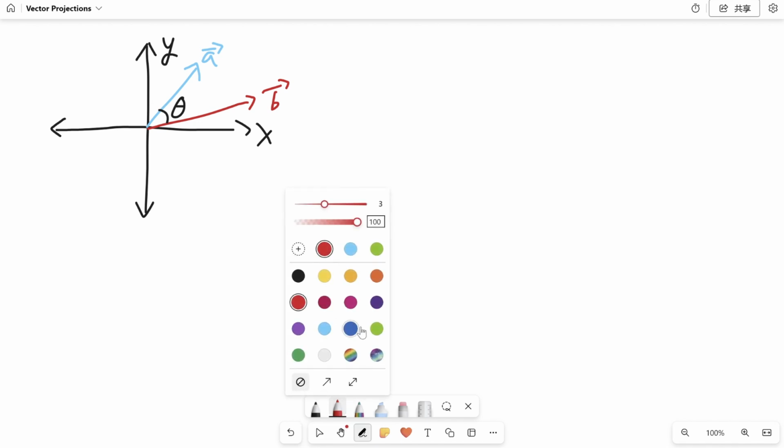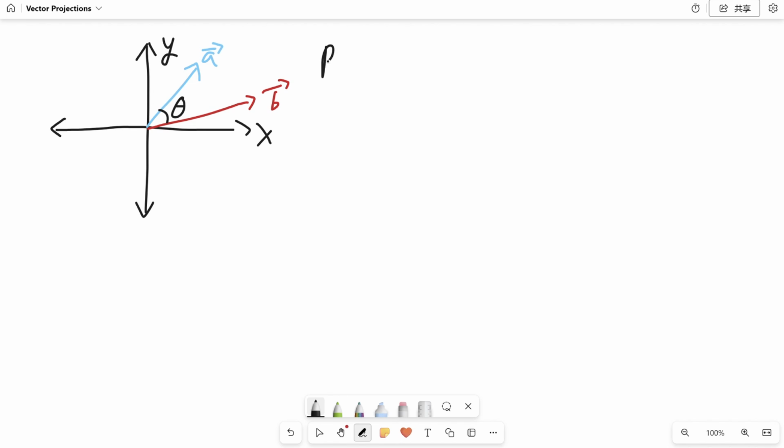Essentially, the projection of vector A onto vector B has a notation: proj, for projection of vector A onto vector B. That's our notation. So this is a vector, actually. Let's just name that vector P for projection. Now what's vector P then?